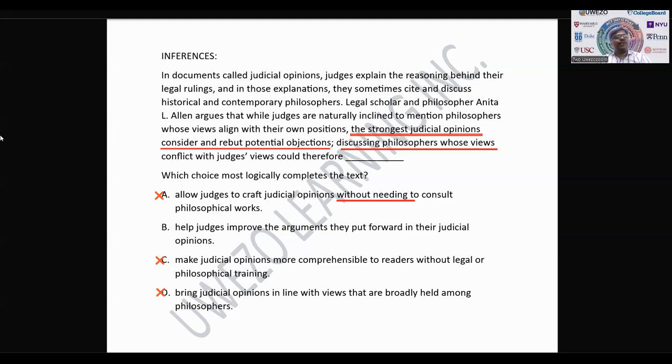Well, now what does this mean? That if judges put forward an opinion or a judgment, and while giving the judgment, they are also citing contemporary or historical philosophers, and it is also saying that they are choosing those philosophers that are aligning with their own position.